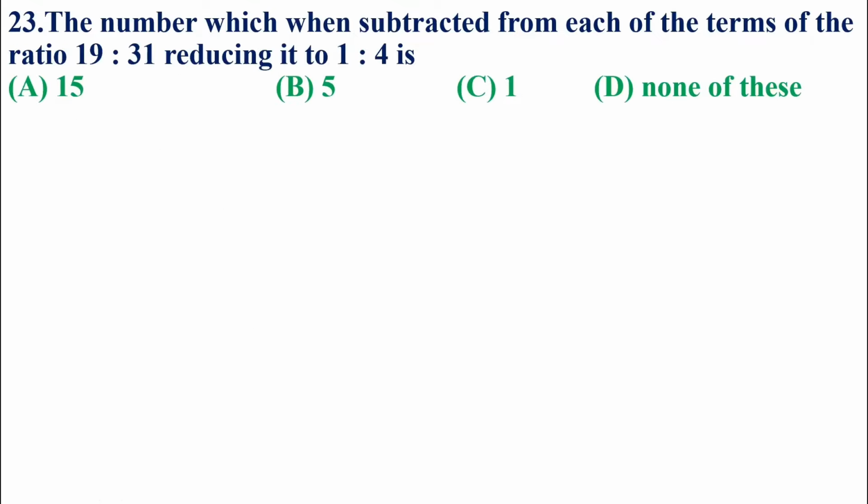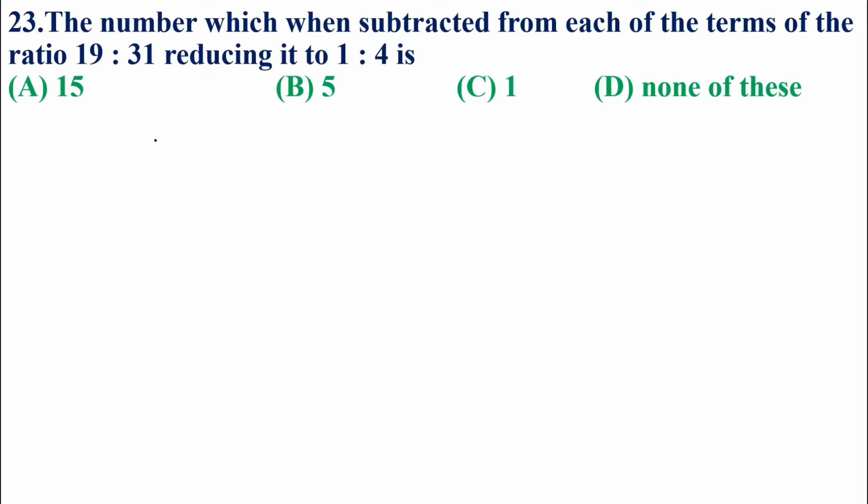The number which when subtracted from each of the terms of the ratio 19 is to 31 reduces it to 1 is to 4. Means find the number so that if I reduce from 19 and 31, we will get the ratio 1 is to 4.